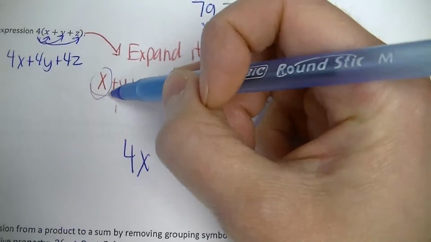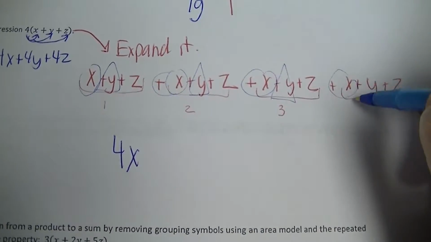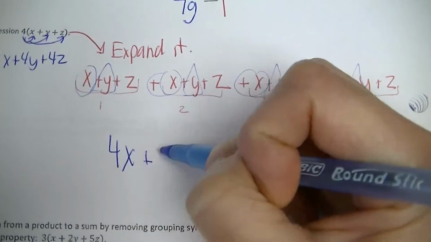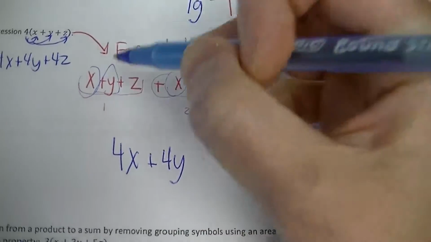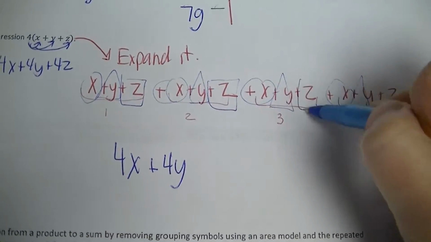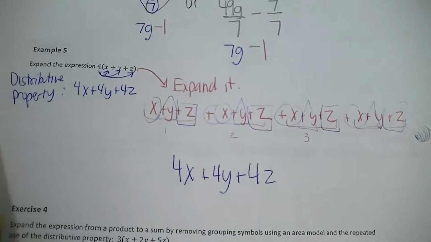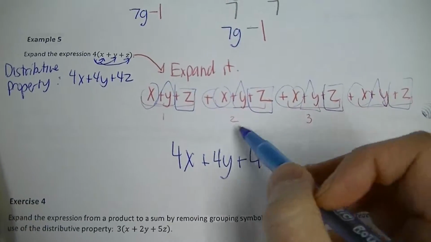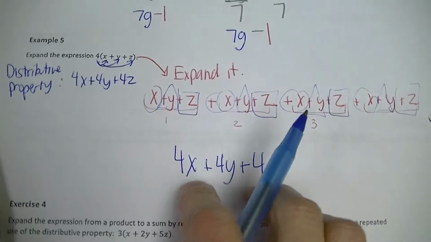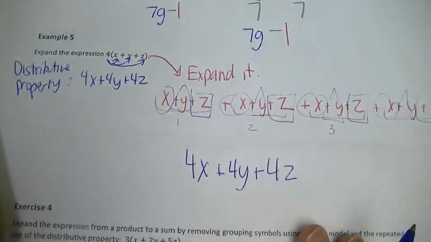And if I grouped all these like terms, y plus y plus y plus y, we have positive 4y. And then these z's, you'll see that we have 4 z's. Okay, so even when we expand it out, once we simplify it, we get the same thing. So everything you see in this section, all those expressions, is equivalent.